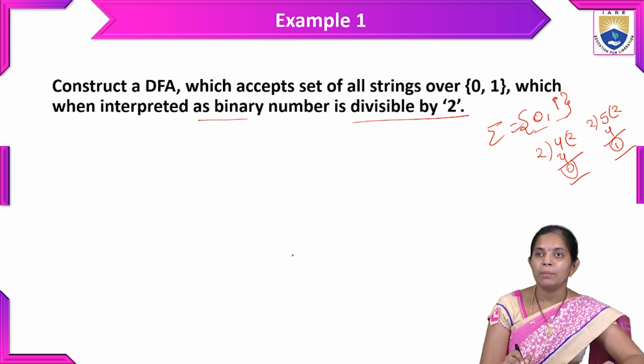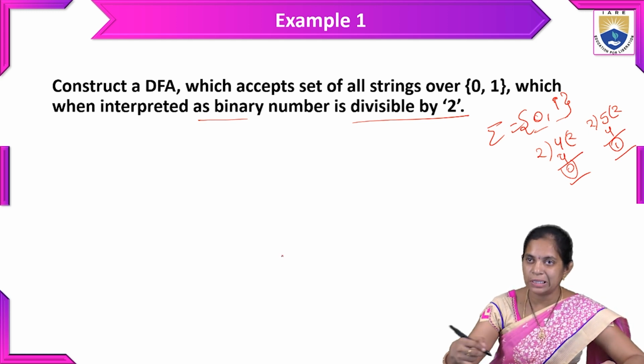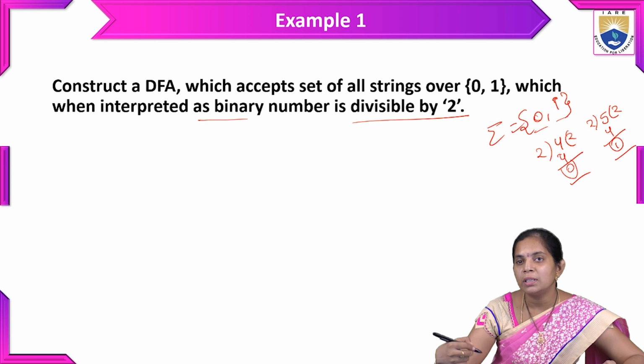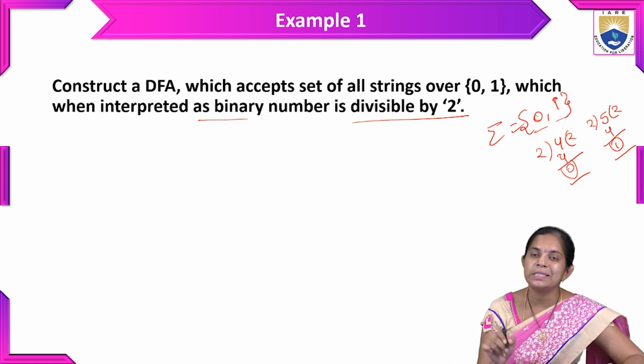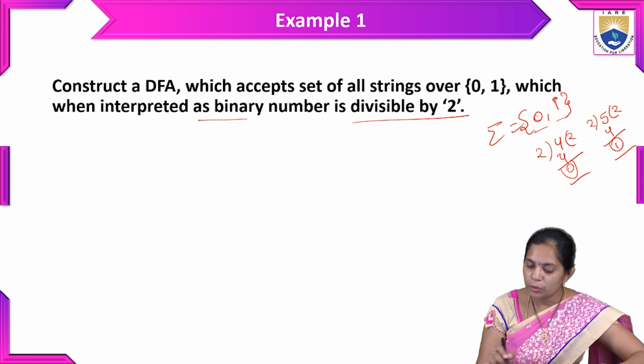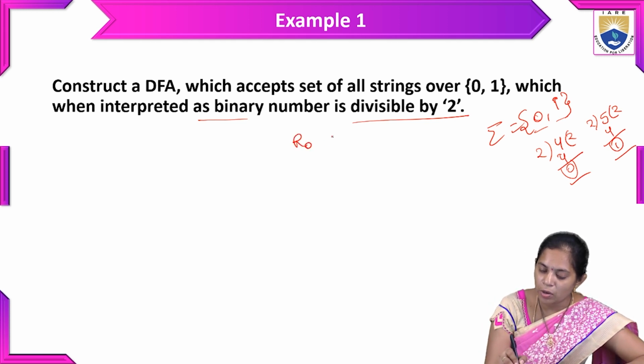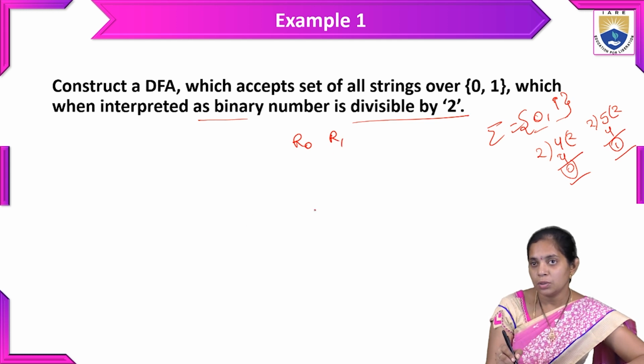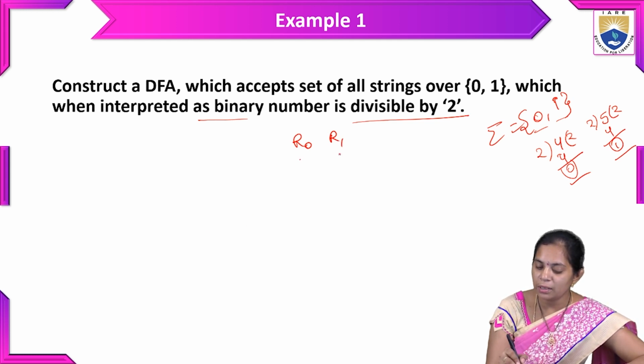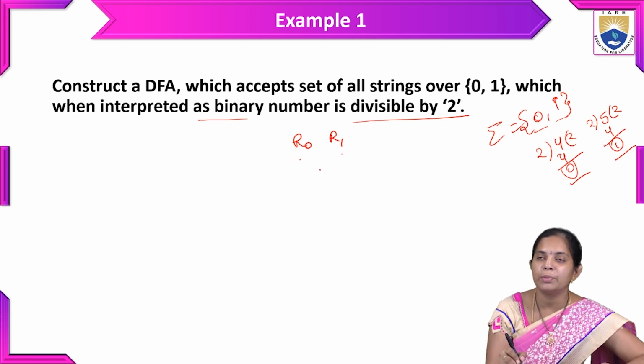Let me discuss integers first. Whatever number we take, there are two remainders when it is divided by 2. Those remainders we can name R naught or R1. R naught represents remainder 0 and R1 represents remainder 1. We'll take integer values first: 0, and here 1.